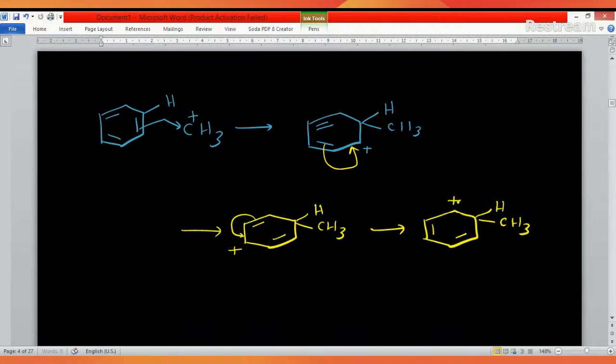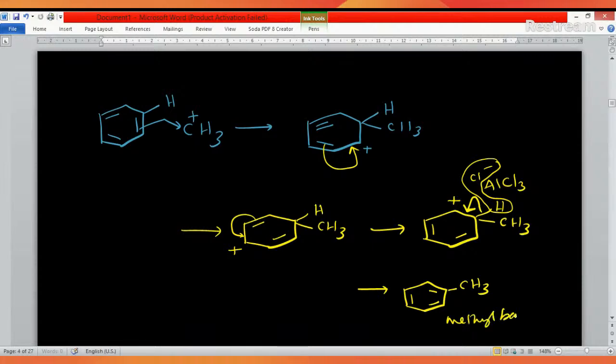This carries plus, and AlCl4 minus we have got already. That Cl minus will take the hydrogen, so this pair of electrons is utilized by the ring. At the end, this is the methyl substituted benzene, namely methyl benzene. The methyl benzene is also called toluene. It is a way to get the toluene molecule.